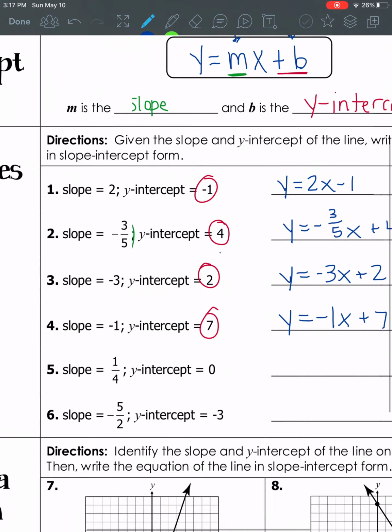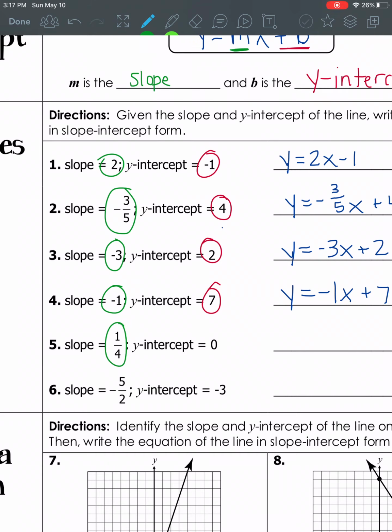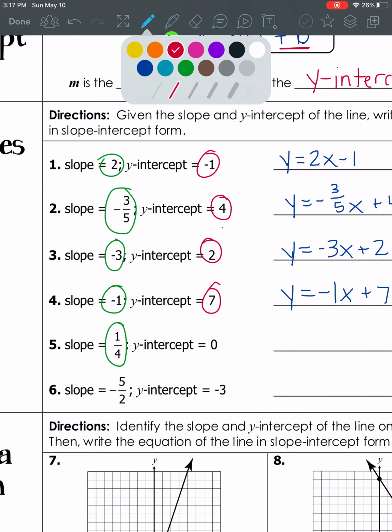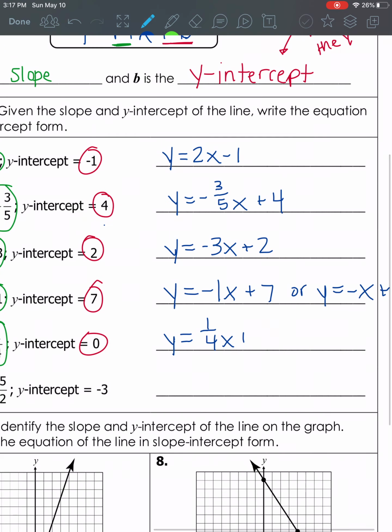Y equals -x plus 7. Okay? Y equals, slope is 1/4, and then y-intercept is 0. So y equals 1/4 x. The y-intercept is 0, so we write it +0, or we know that it's going to cross at the origin, so we can just write it as y equals 1/4 x.